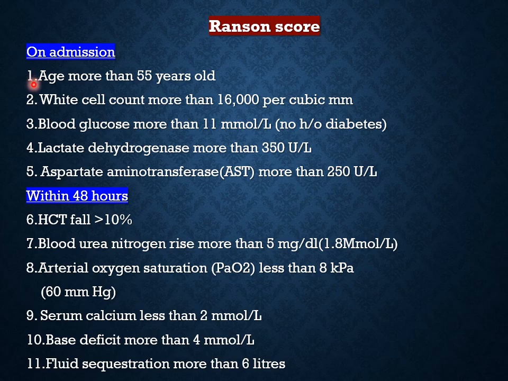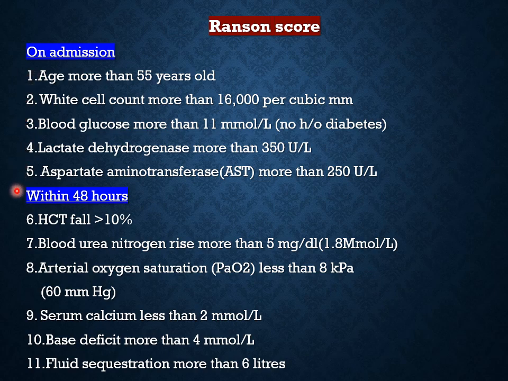The factors that you take on admission: age more than 55 years old, white cell count more than 16,000 per cubic millimeter, blood glucose more than 11 millimoles per liter with no history of diabetes mellitus, lactate dehydrogenase more than 350 units per liter, and aspartate aminotransferase or AST more than 250 units per liter. Okay, so these are the 5 parameters that you assess during admission. Any of them that exceeds these limits is given a point each.